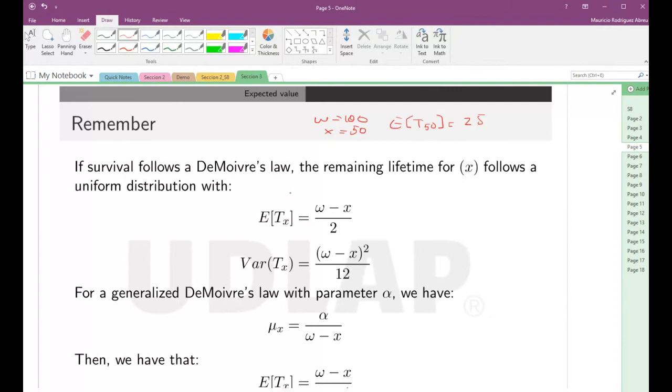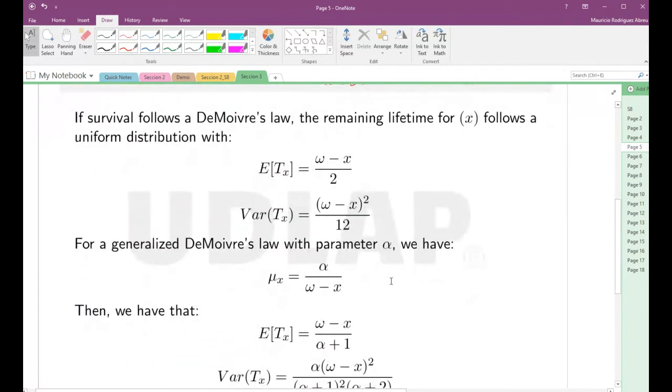So the expected value is just the midpoint in this distribution. And again, this is just a uniform distribution, which probably makes more sense when we see the variance. Okay. Now, I think I call it beta in the verification problems, but we can also see this as a generalized Moivre's law. This happens when we have a parameter different from 1 here. And this would be the force of mortality in that scenario.